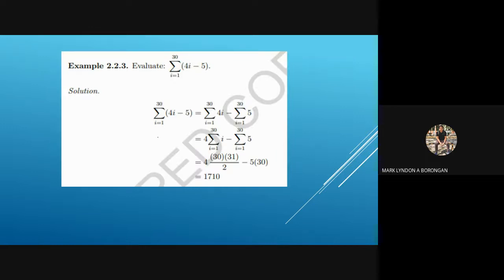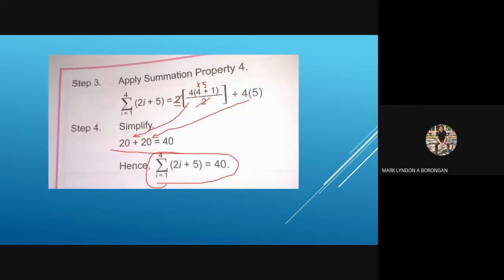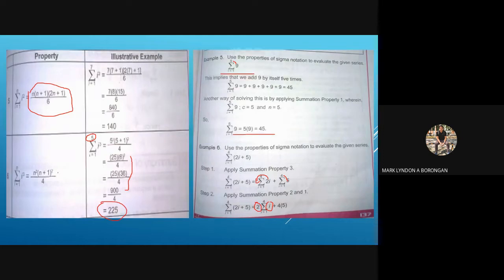Another example, we also apply property number 3 here. Since we have two terms, by the way, it is not limited to two terms. You can also have 3 terms. If 3 terms, you can still apply property number 3.